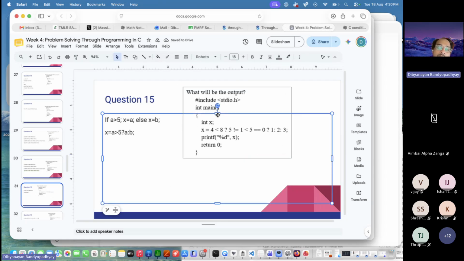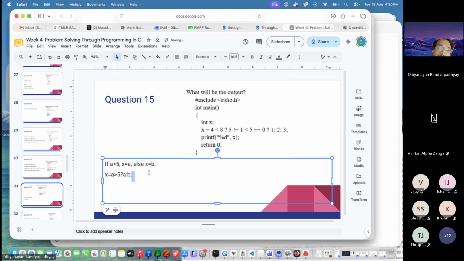So let me write the expression here. X equal to 4, 8, and then the ternary operator 5, then 1, then 5, then equal to 0, 1, 2, 3.